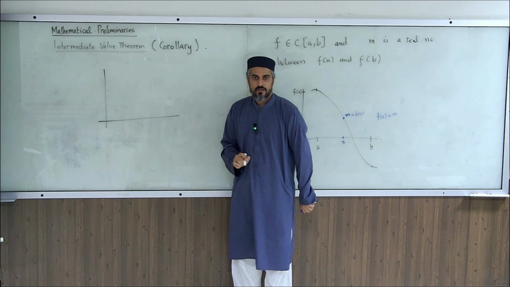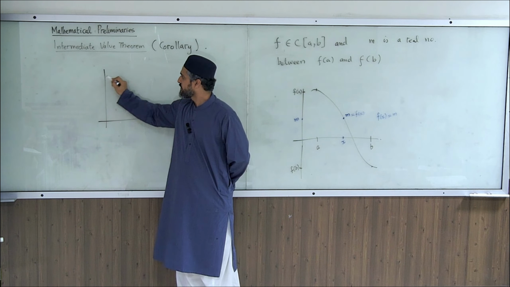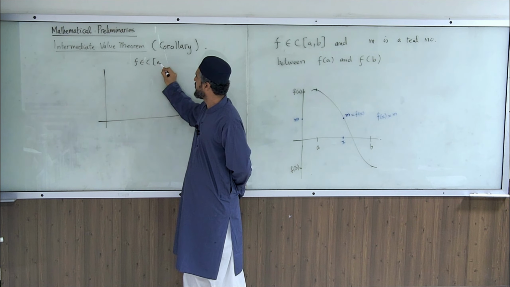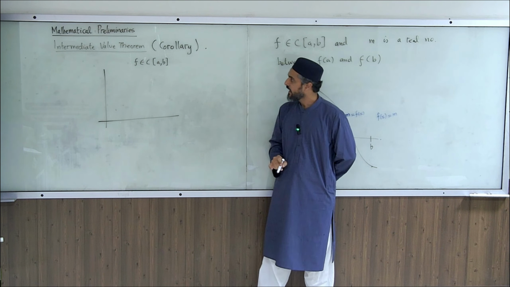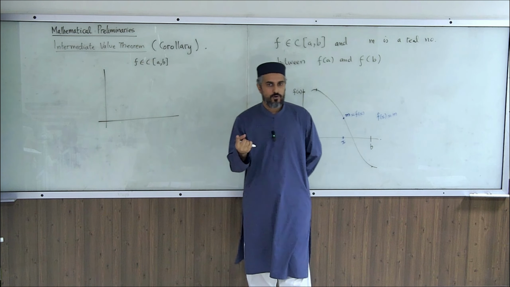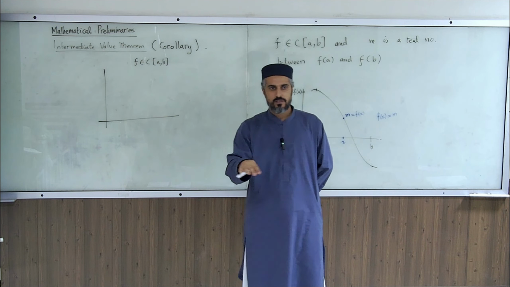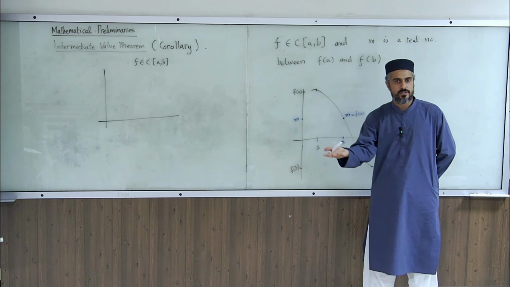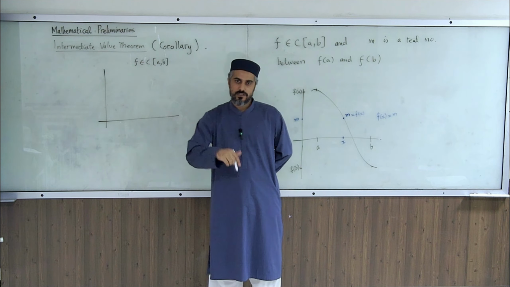So let's say there is a function which is continuous on the interval a and b. One of the heights is positive and another height is negative. We can obviously have any heights, but for the sake of discussion we consider one positive and the other negative.